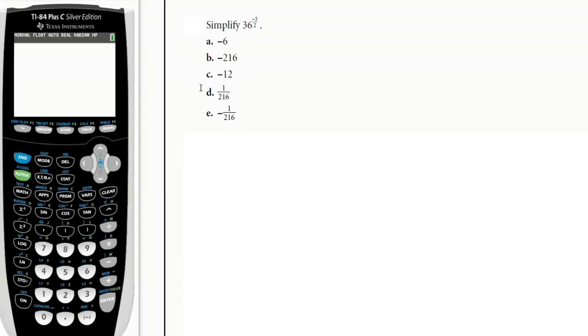Now, merely looking at this question, I already know that the correct option will be option D, but let's verify. To simplify this on the calculator, we have 36 to the power. Okay, so it is a fraction, so you put the negative sign first.